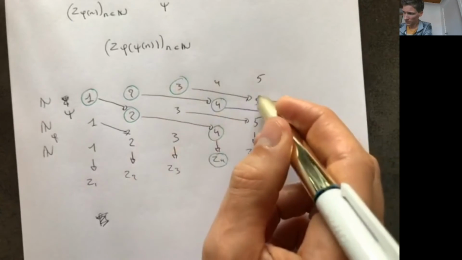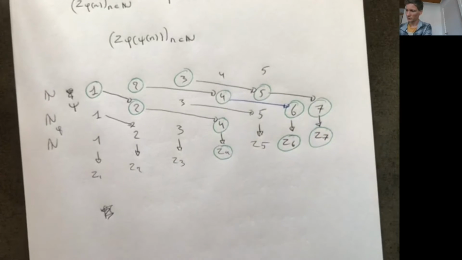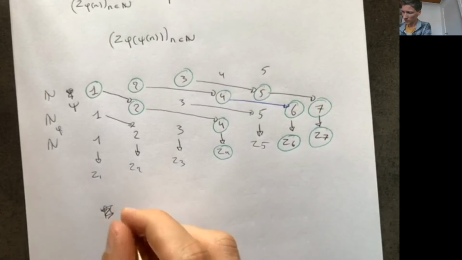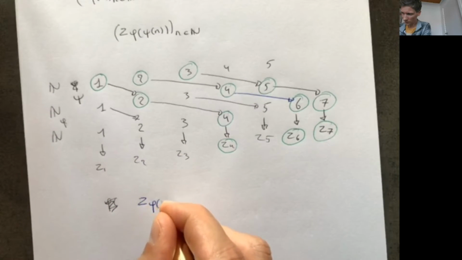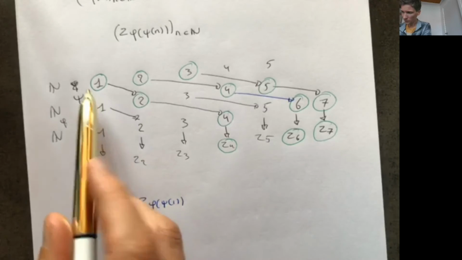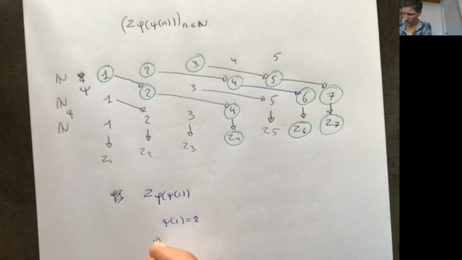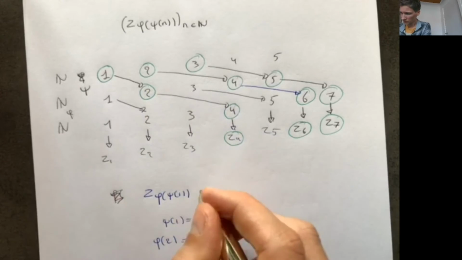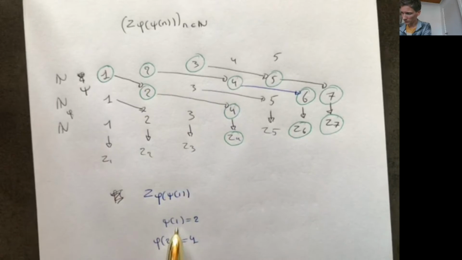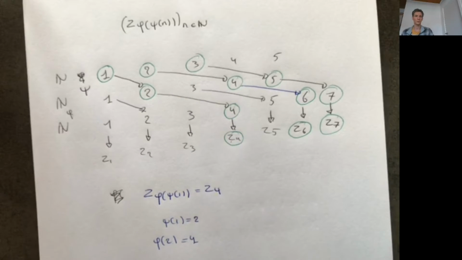The third element goes to 5, and then from 5 to 7, so this is z7. So for example, if I look at z of phi of psi of 1, psi of 1 is 2, and phi of 2 is 4. So z of phi of psi of 1 will be equal to z4, which is the first element of my subsequence. Okay, so this is basically how it goes.